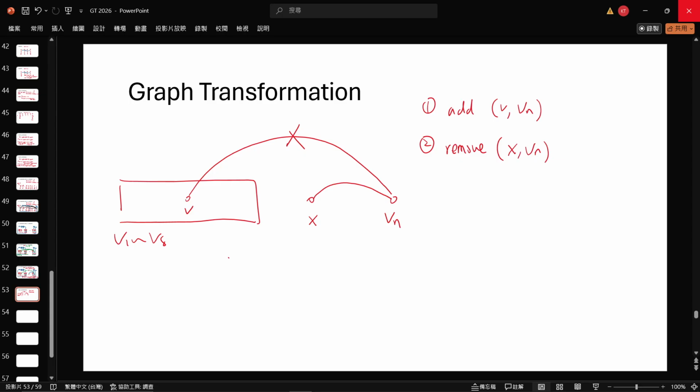Now we have to take care of these 2 vertices, V and x. For V, because we added 1 edge, we have to remove some edge from V so that the degree is still the same. And similarly for x, because we removed 1 edge, we're going to find a new neighbor for x.